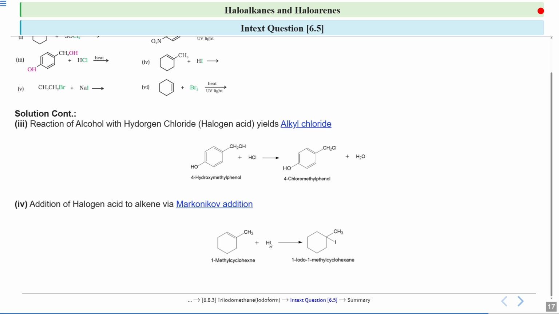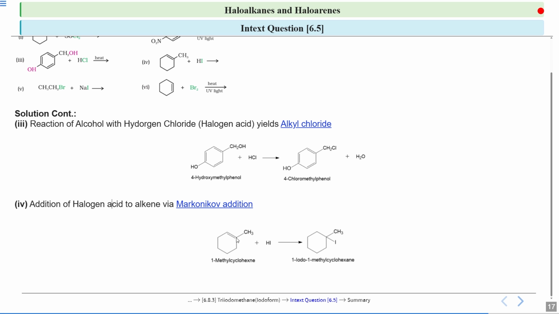Markovnikov's rule says that the negative part, or the iodine, will attach to that carbon of the double bonded carbons that is more substituted, or that has the lesser number of hydrogens. So these two carbons are the double bonded carbons. This carbon has 3 bonds in the ring and 1 bond with hydrogen. This other carbon has 3 bonds in the ring and 1 bond with the methyl group, right?